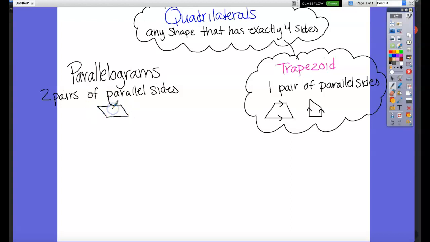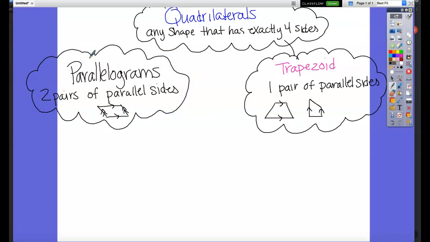So the top would be parallel to the bottom, and the 2 sides would be parallel to each other. So that is your typical drawing of a parallelogram. Now, if you have a quadrilateral that is a parallelogram, it can also be classified in 2 different ways. It could be classified as a rectangle, or it could be classified as a rhombus.